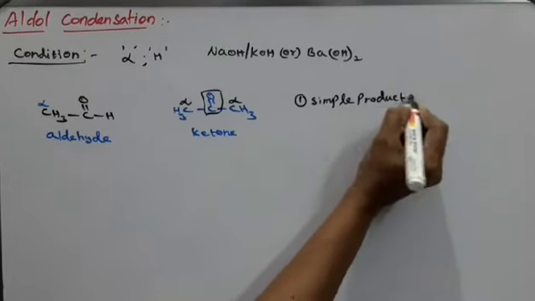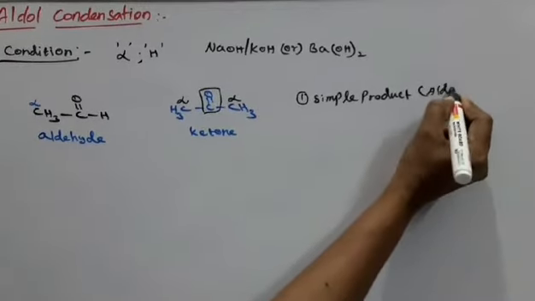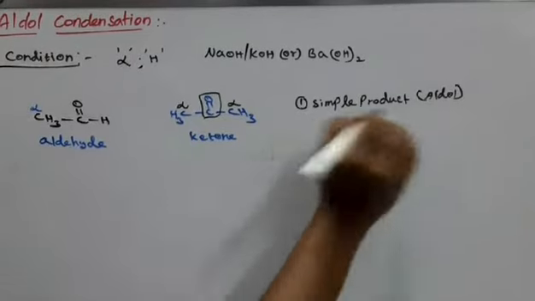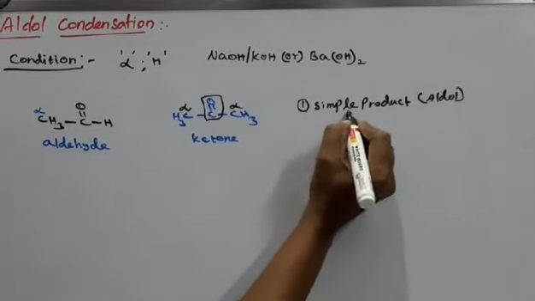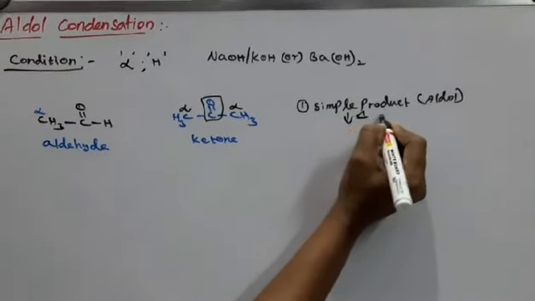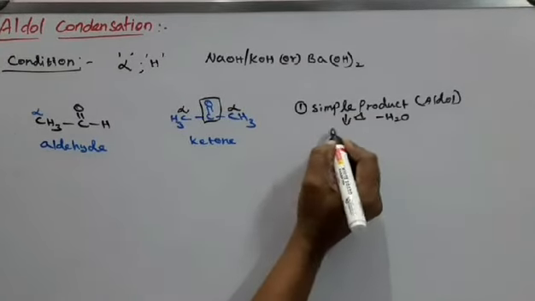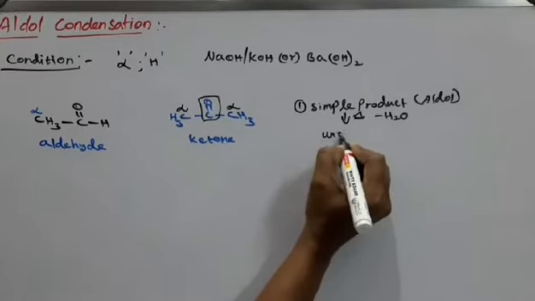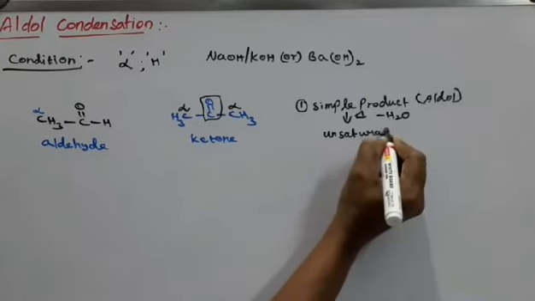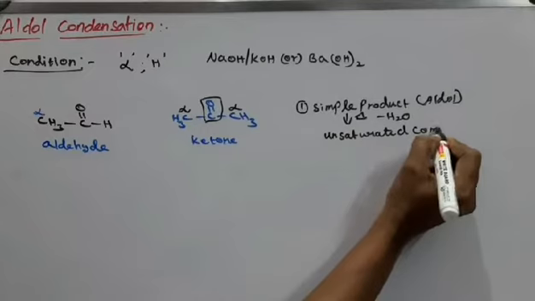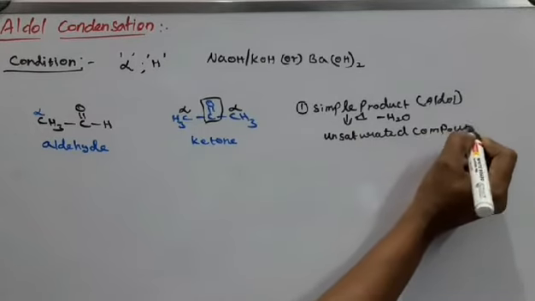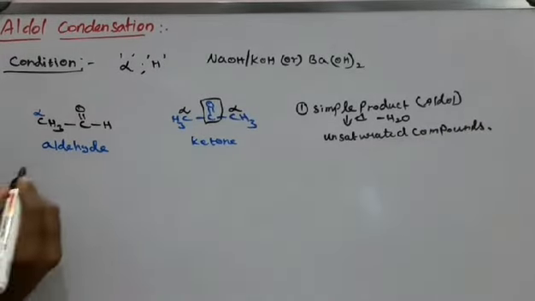This simple product is called aldol. Why it is called aldol, we are going to see. When this simple product is heated, a water molecule is eliminated to produce unsaturated compounds.